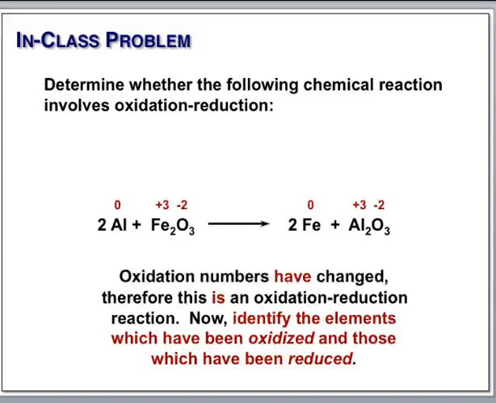Aluminum has gone from 0 to +3. To do that, it has to lose electrons, doesn't it? Iron has gone from +3 to 0. To do that, it has to gain electrons.